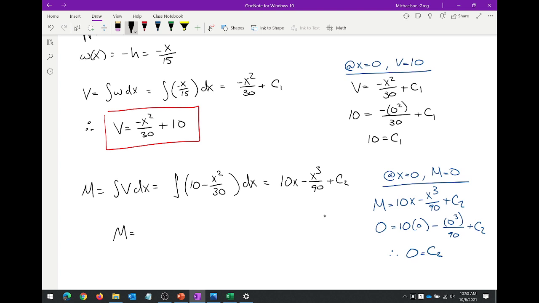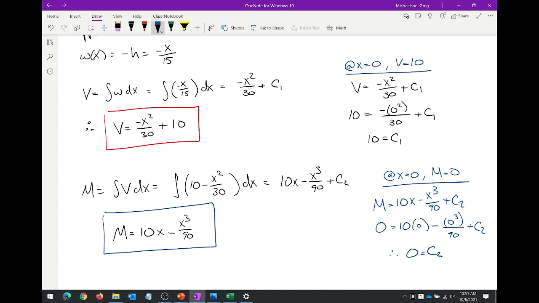And m is 10x minus x cubed over 90. If we didn't have our plus c's, this wouldn't have come out right. Plus c matters. What do you think?